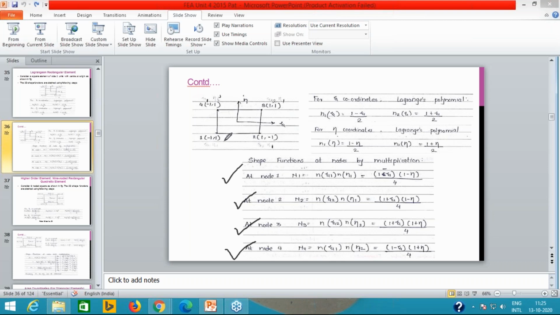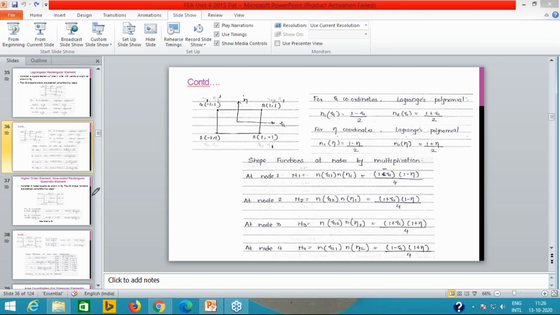According to the Cartesian coordinate, you can define the zeta and eta signs from this coordinate system. The center of that rectangular element is the origin, and the sides are 2 units. According to that you can write the shape functions, and it is very easy to remember.